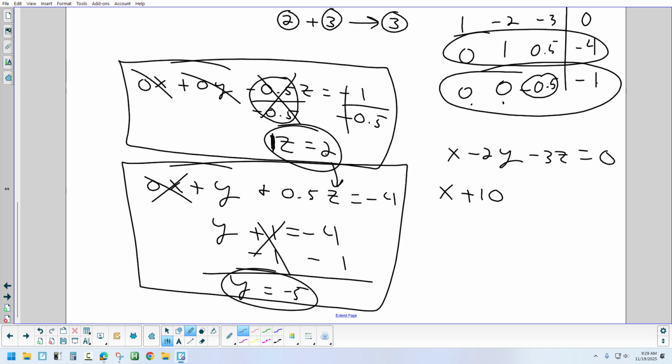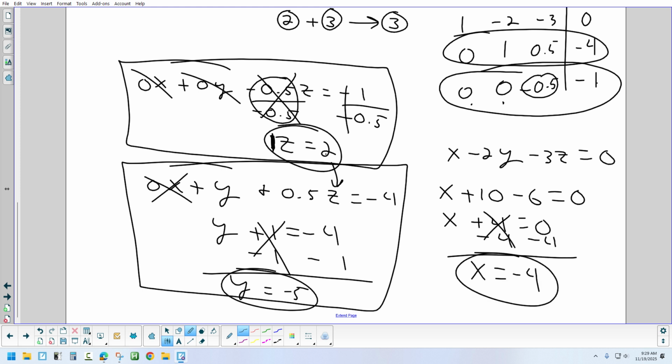What's -3 times 2? -6. And that's equal to 0. Okay, what's 10 minus 6? 4. And the last step to get the x by itself, subtract 4. Okay, so we get x equals -4. And that's how we solve for x.